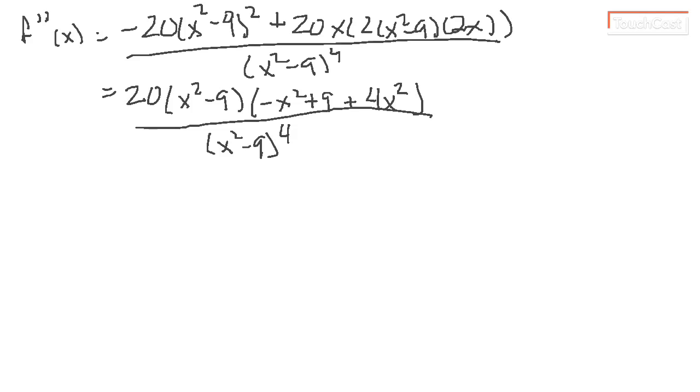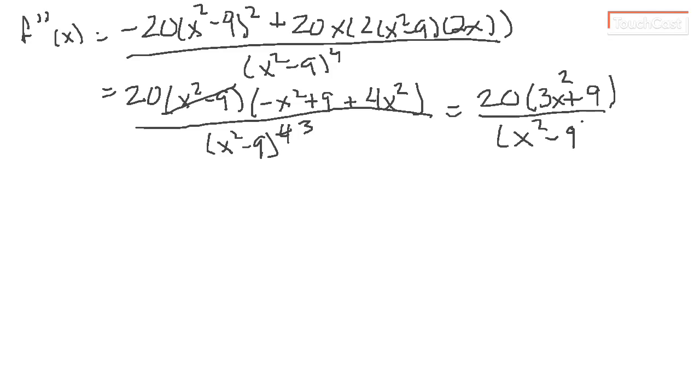Okay, so now let's clean up what we've got. We can eliminate one x squared minus 9 on the top and in the denominator. Make that now to the 3rd. So we've got 20 times, when we combine those x squareds, we get 3x squared plus 9 over x squared minus 9 cubed.